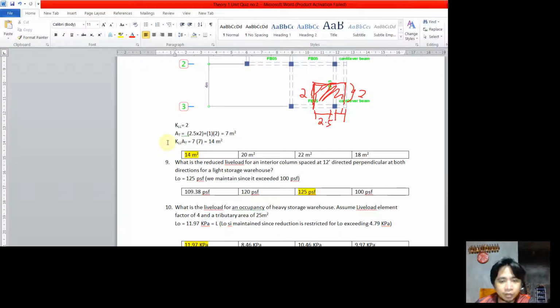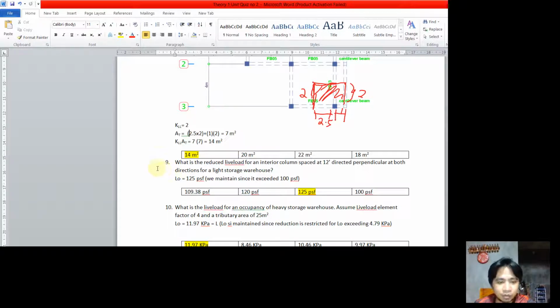So we have here a notation that we are going to maintain this since we are not allowed to reduce a certain loading that exceeds 100 PSF for English units. And for SI unit, we have a limit of 4.79 kilonewton per square meter. Okay, so again, LO is maintained at 125 PSF. So this is the answer for number 9.